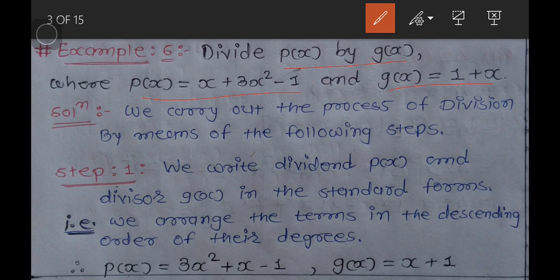How can we divide p of x by g of x? For this solution we follow some steps. For the solution we carry out this process of division by means of the following steps. So pay attention here. Our first step is we write dividend p of x and our divisor g of x in standard form.